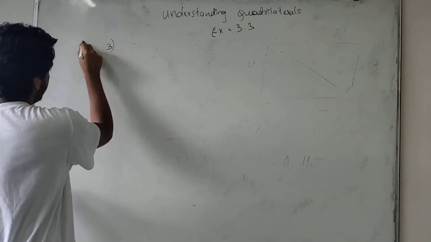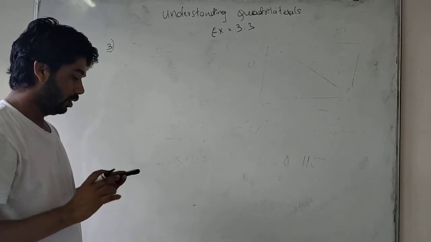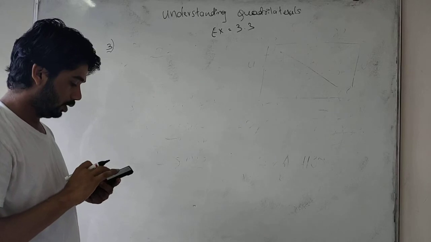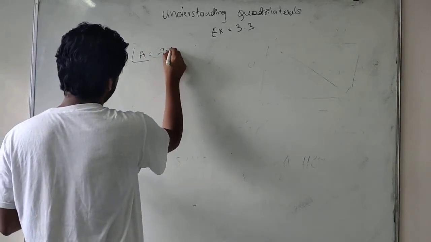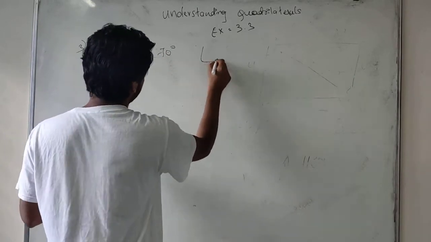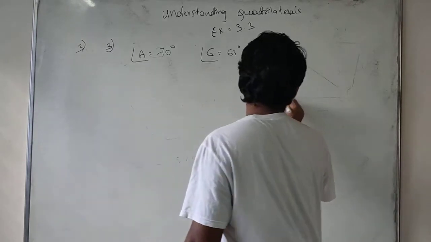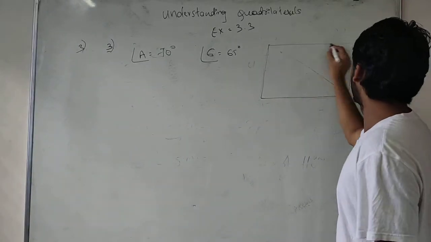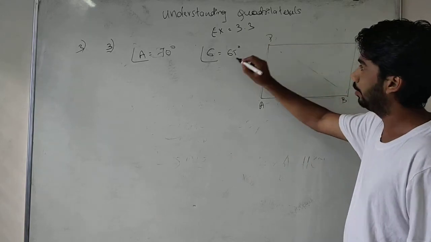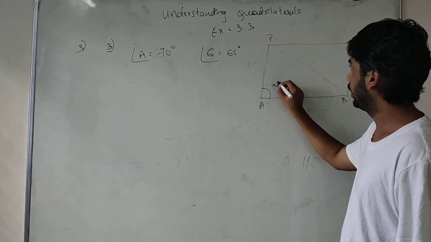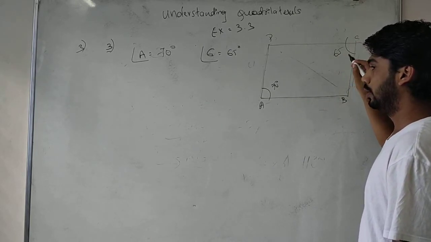The third one is angle A is 70 degrees and angle C is 65 degrees. So parallelogram ABCD is a parallelogram. Angle A is 70 degrees, angle C is 65 degrees.